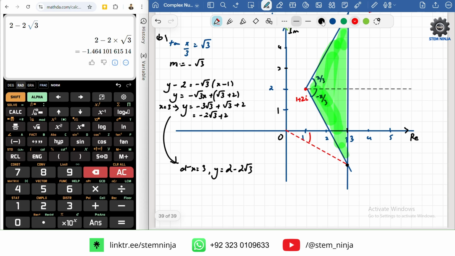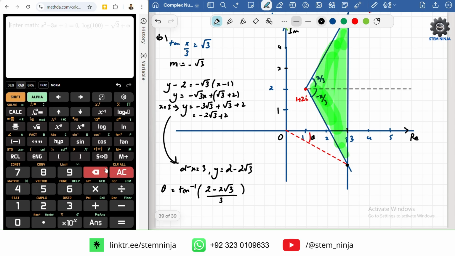So we have this particular triangle. So tan inverse of, for example, this particular theta is going to be tan inverse of 2 minus 2 root 3 divided by 3. Okay, so tan inverse of 2 minus 2 root 3 divided by 3, and you get this value.